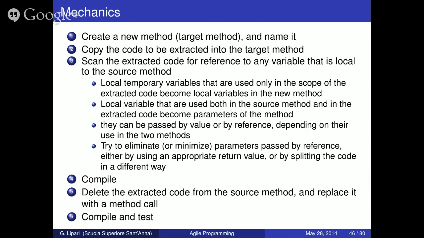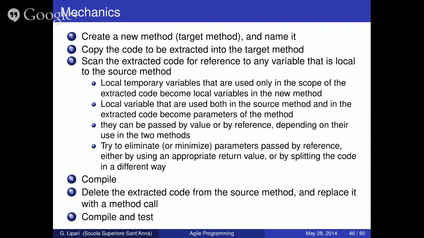If you have a local variable that is used both in the source method and in the extracted code, this becomes a parameter. Okay? And of course, if there is something that you need to return, for example, if you are creating something, then you use that as a return of the new method.